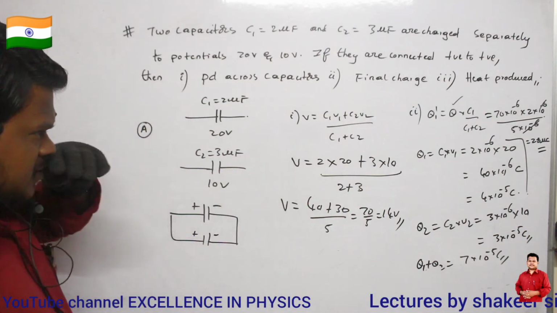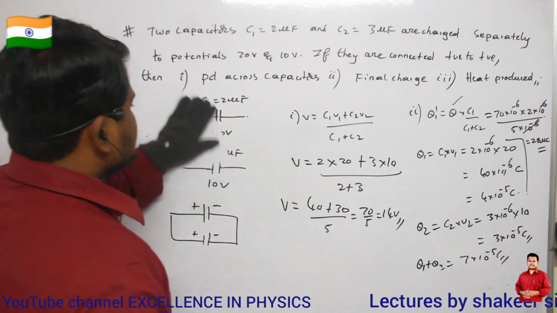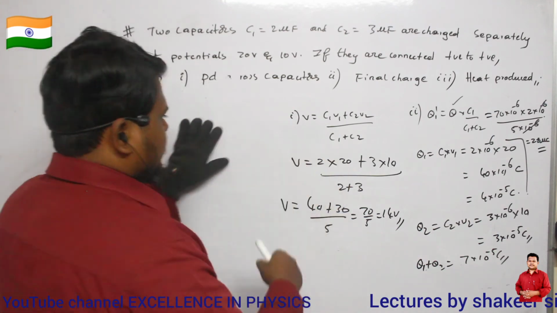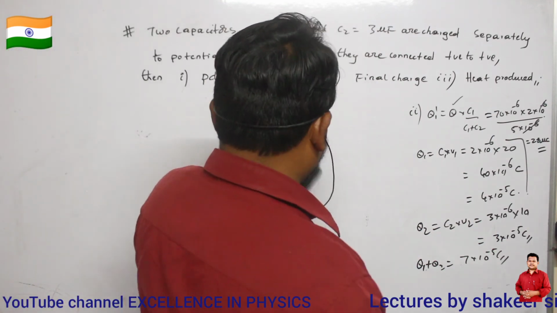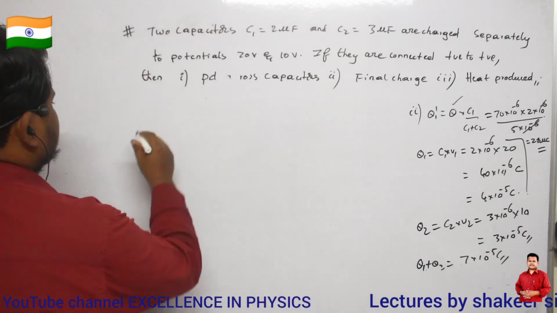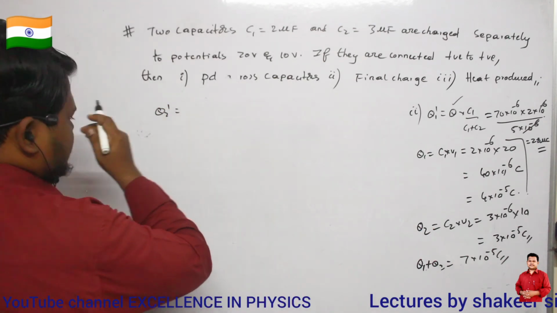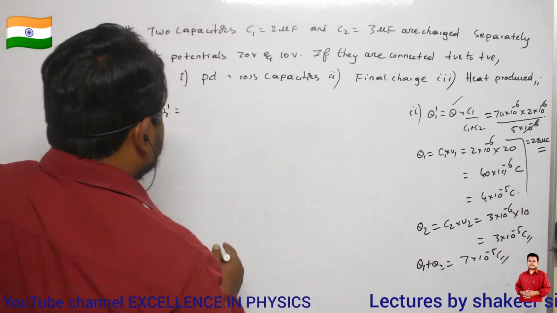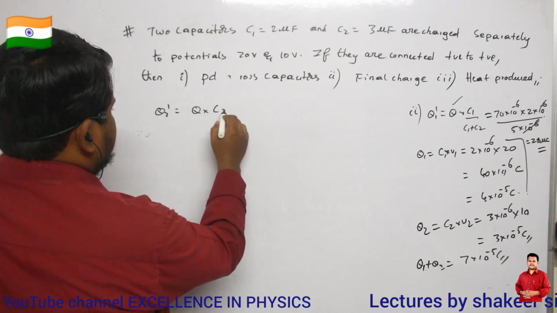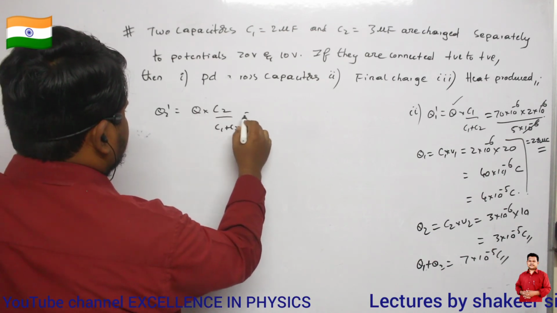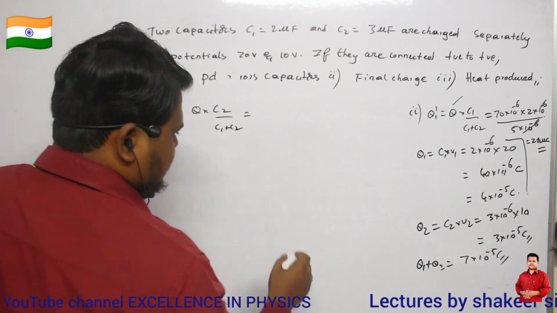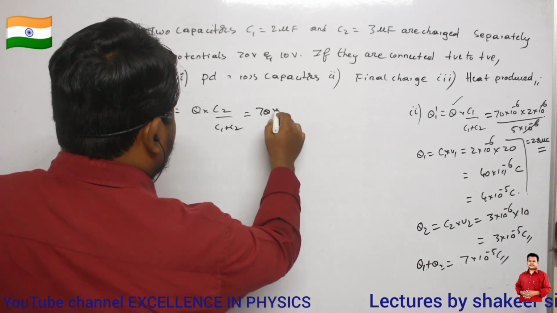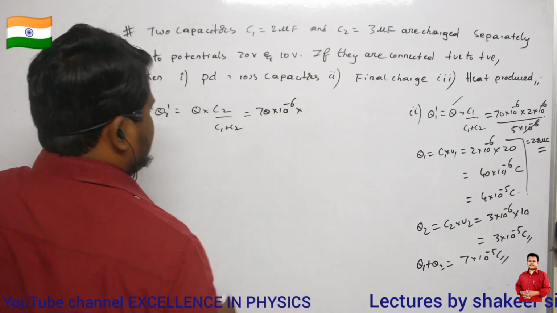So heat produced, how can you calculate? Now Q2 dash you can calculate, no? Q2 dash is the final charge which is present on the second capacitor. So it is Q into C2 divided by C1 plus C2. Clear? So total charge is how much? 70 into 10 power minus 6 into C2.